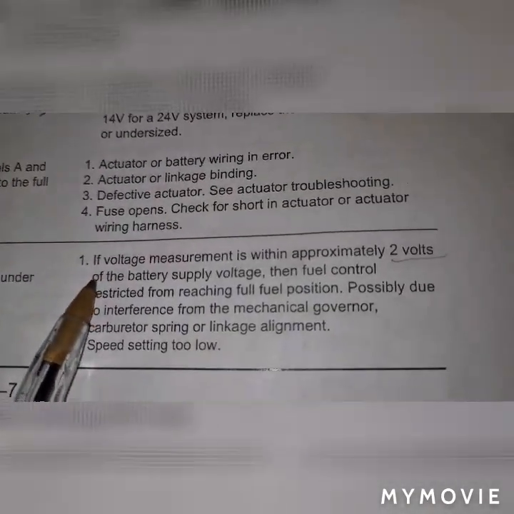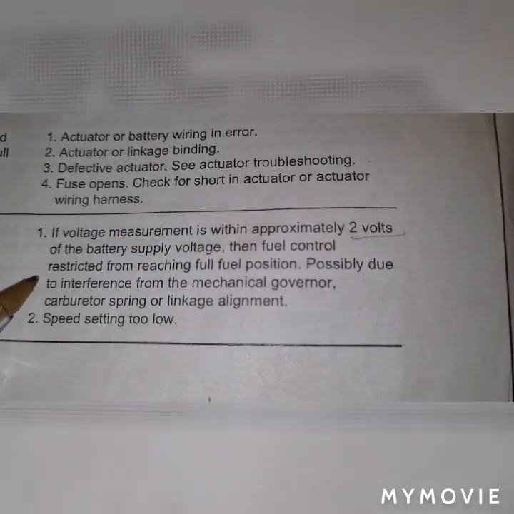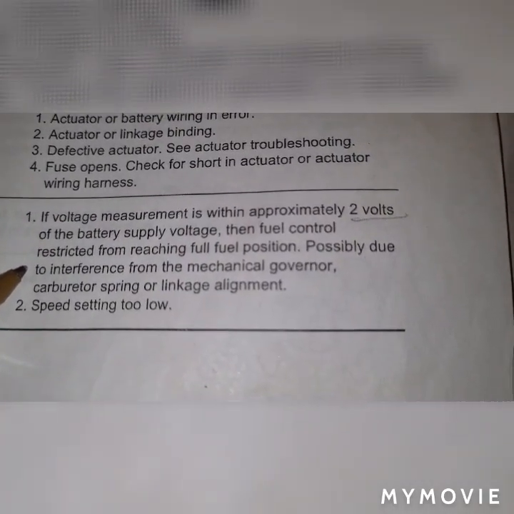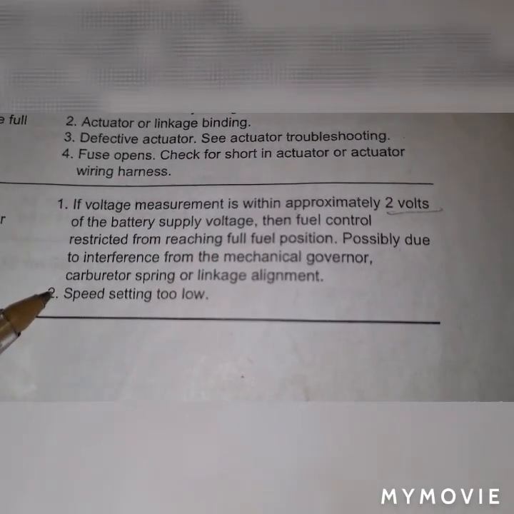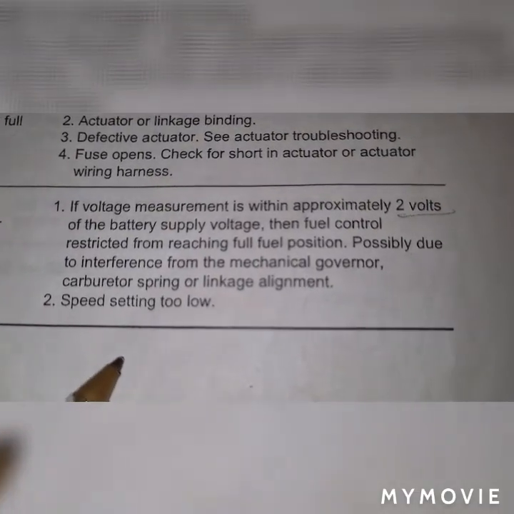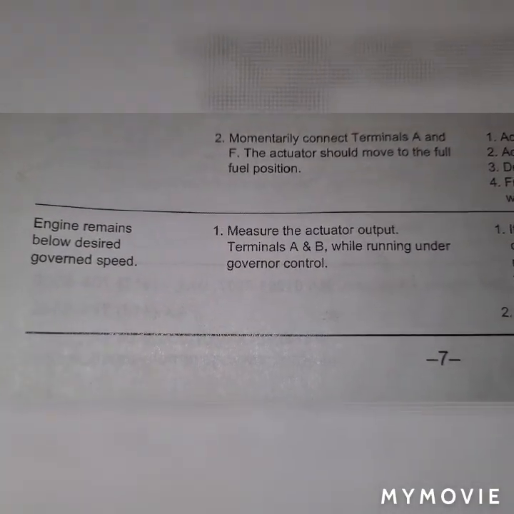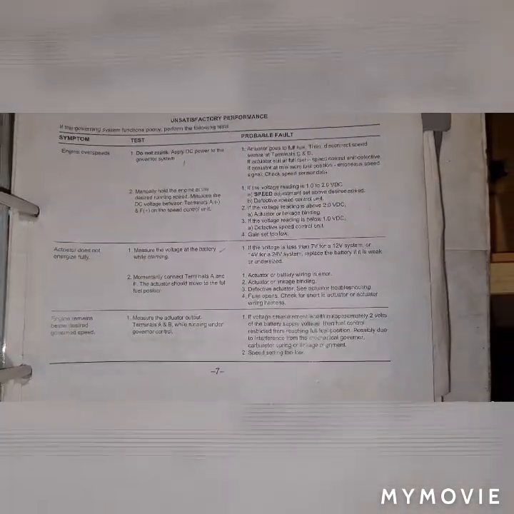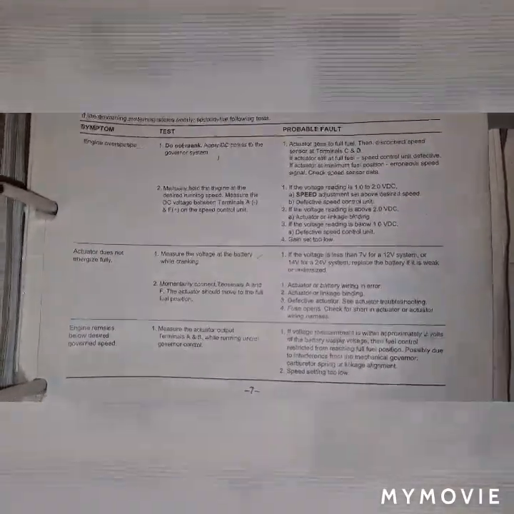If the voltage measurement is within 2 volts of the battery supply voltage, then fuel control is restricted from reaching full fuel operation, possibly due to interference from the mechanical governor, carburetor, spring, or linkage alignment, or speed setting too low. So this is the engine remaining below desired speed. But take note, all of this is troubleshooting made by the maker. It is also a hint for you to troubleshoot problems you may encounter in maintaining your generators.